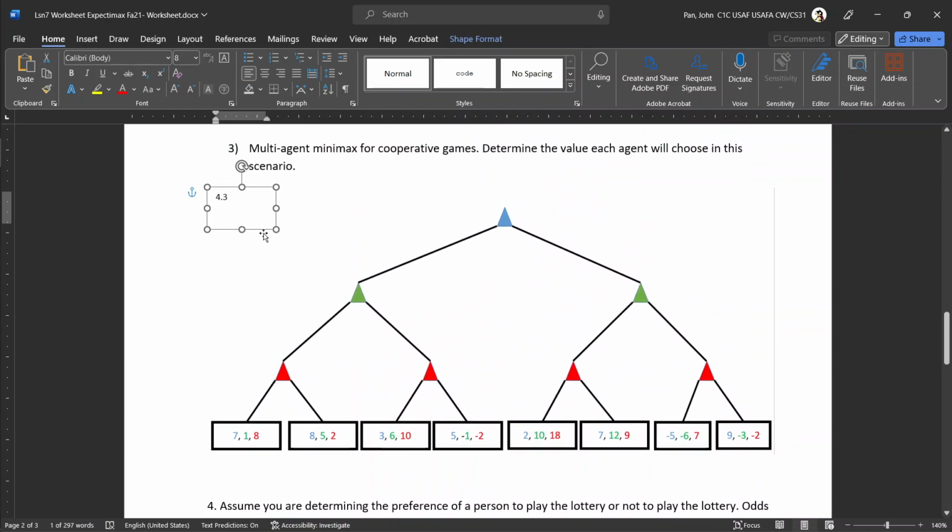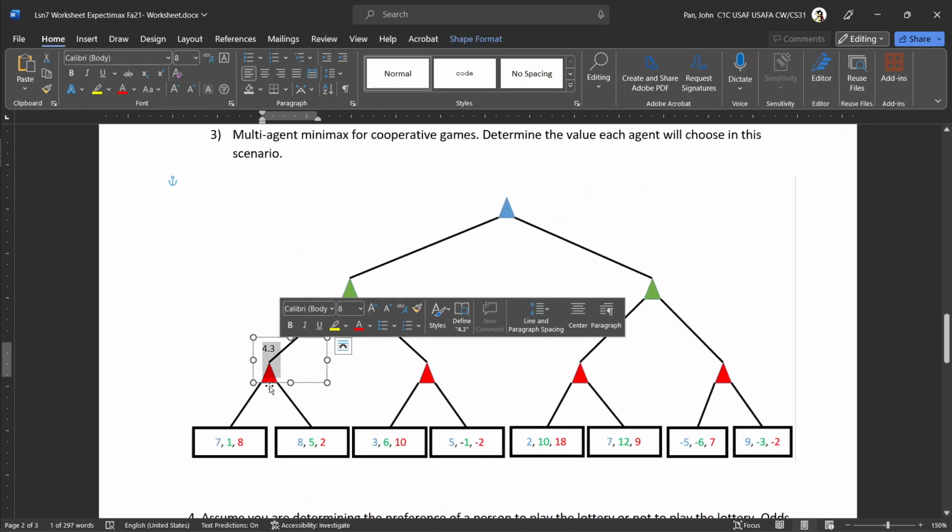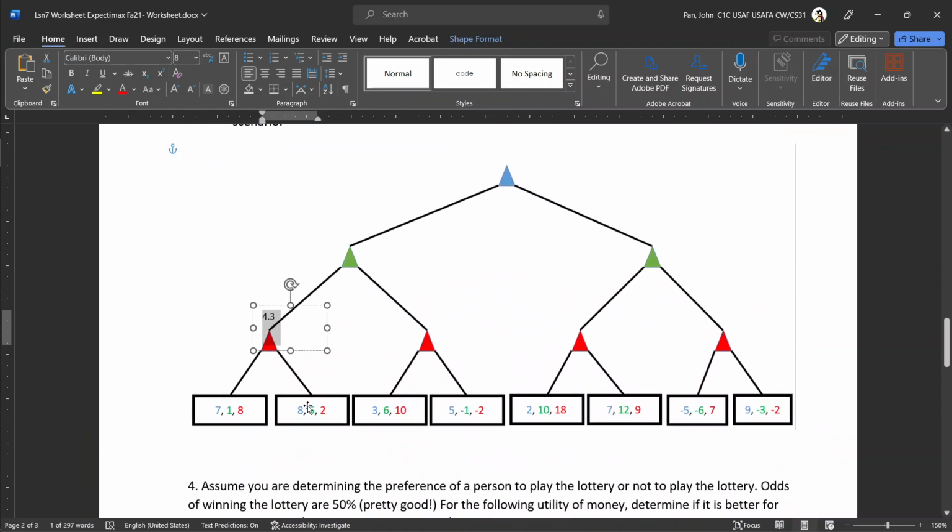Here we have our red node, our red agent or player that will pick the branch that will result in the largest red, which is the left branch for an 8. So we got 7, 1, 8.